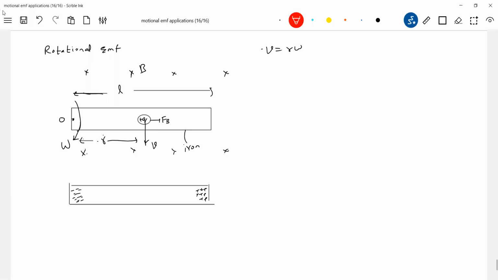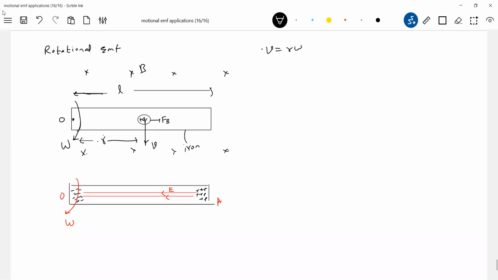Then meanwhile, what will happen? As the deposition of charges occurs, an electrostatic field is established, like we already discussed in motional EMF, similar to that. And the rod is rotating about this end.